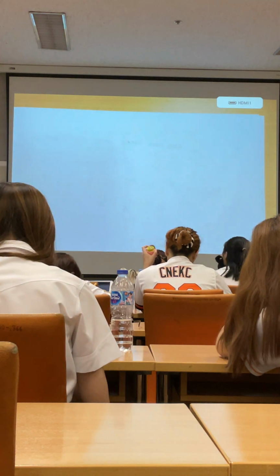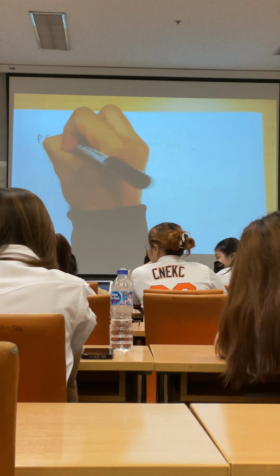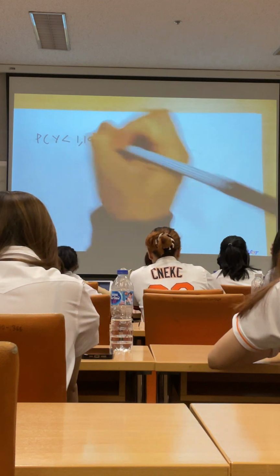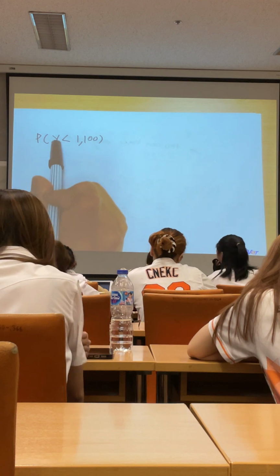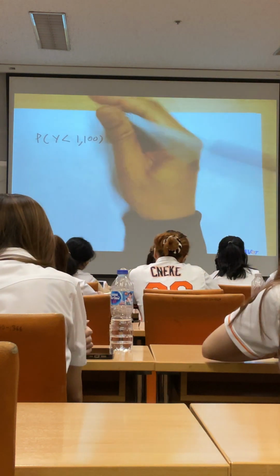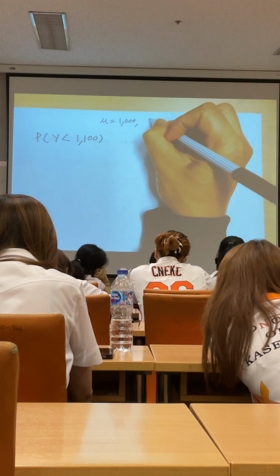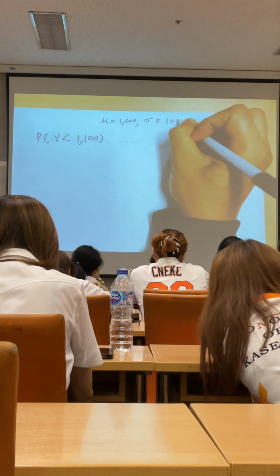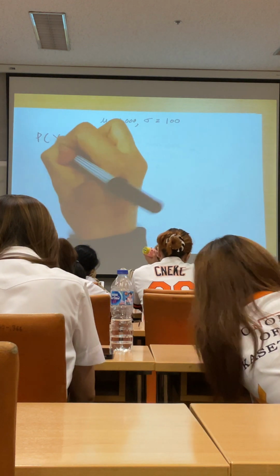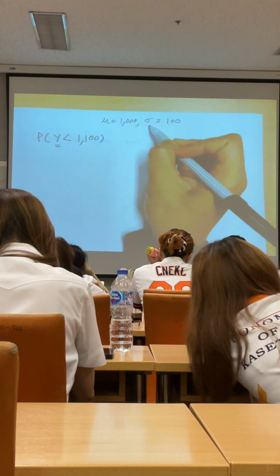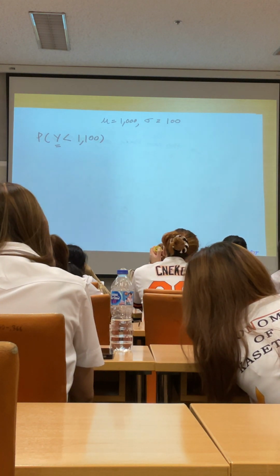So what do we want? We want the probability of Y less than 1,100. But if we calculate from Y, we have to integrate the normal PDF with a mean of 1,000 and an SD of 100, and we don't want to do that. So we change Y from mean 1,000 and SD of 100 to mean 0 and SD of 1.